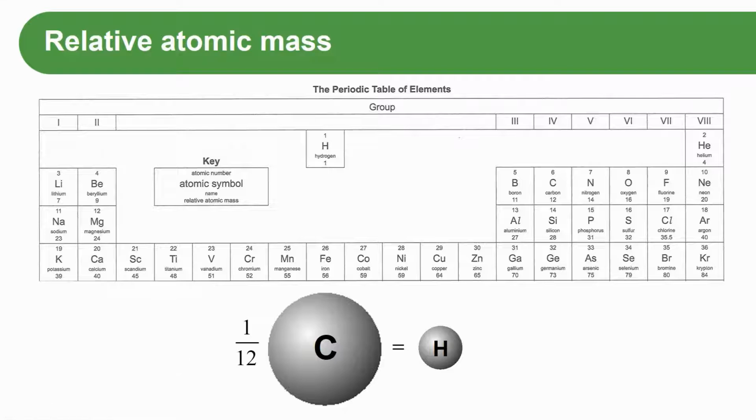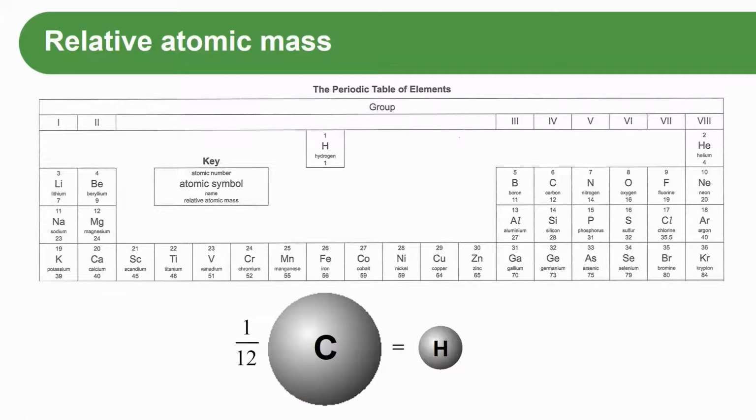Let's look at this periodic table once again. Let's choose neon, for example. Neon is 20 times heavier as compared to one hydrogen atom, or we can say neon is 20 times heavier as compared to 1/12 of a carbon-12 atom.